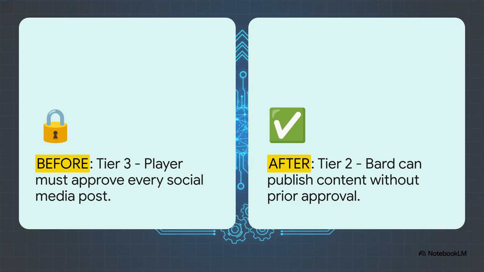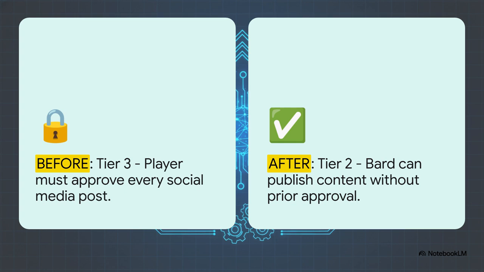So here we see the Bard's evolution, plain and simple. Before the patch, this character was stuck at Autonomy Tier 3. What that means is the player had to approve every single social media post before it went live. A total bottleneck. But after a saga, a set period of time of doing consistently amazing work, the Bard proposes a patch. The player approves it, and boom. The Bard is now at Tier 2.